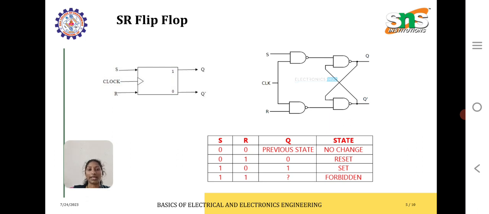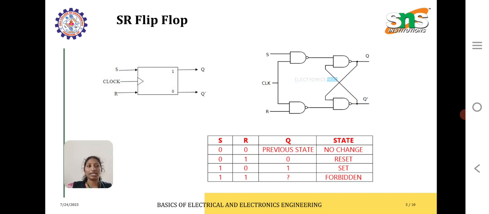The flip-flop operates only when there is a clock input, a clock pulse. The clock pulse is the input for the flip-flop. The right side diagram shows the logic diagram of the SR flip-flop. Here we have 2 inputs, S and R. With 2 inputs, by default we have 4 combinations: 0 0, 0 1, 1 0 and 1 1 will be the inputs.